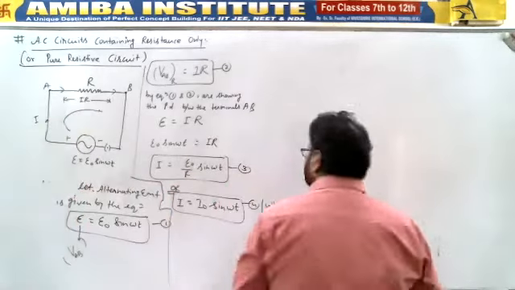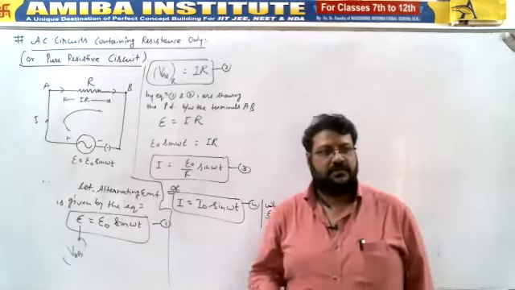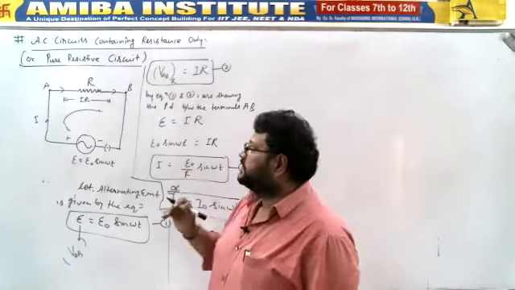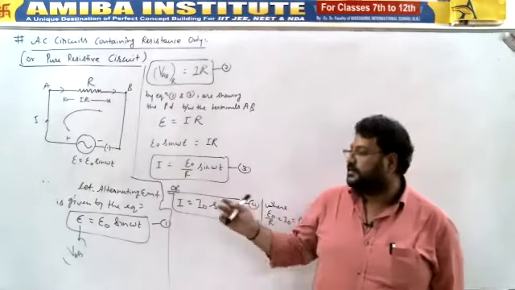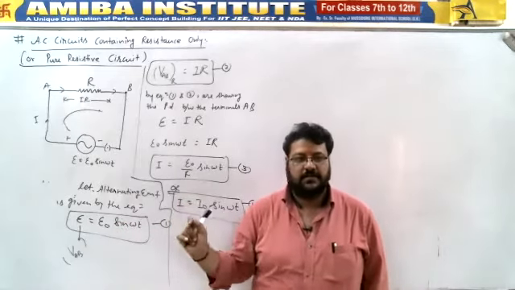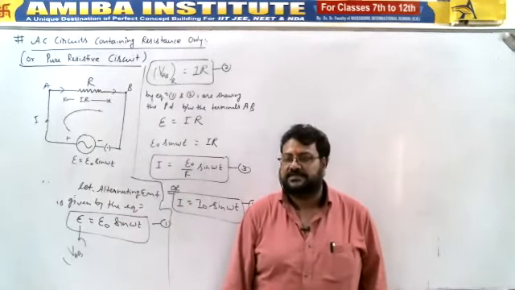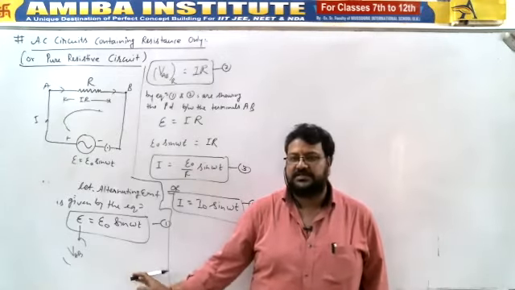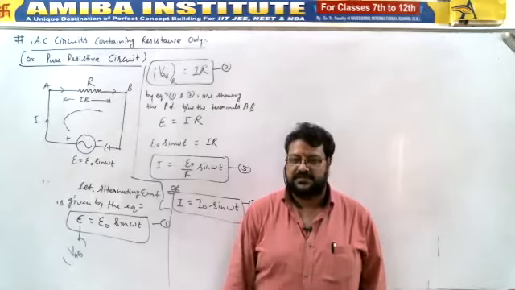Now we have derived the relation. And what we need to check in the AC circuit containing the resistance only is the relationship between the alternating EMF and alternating current. And we need to draw the phasor diagram and graphs of this. By knowing the phase difference, we can easily draw the phasor diagram.